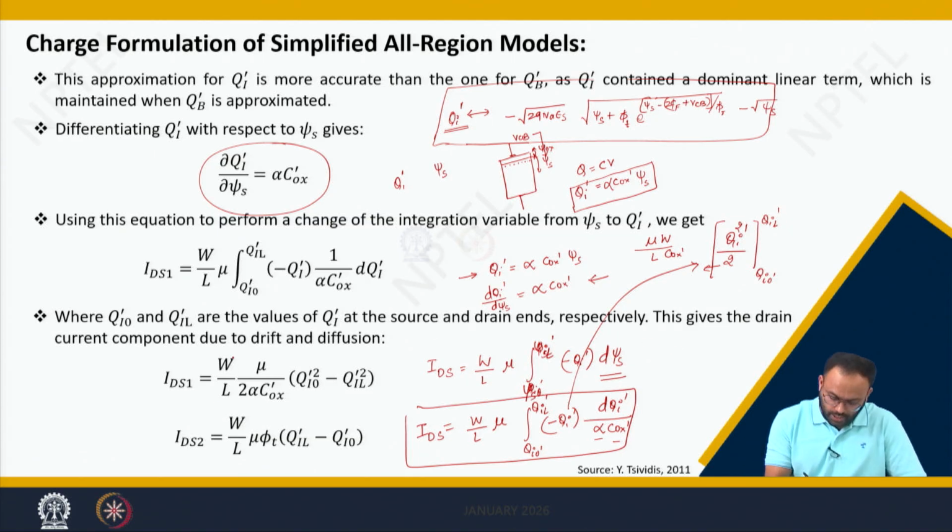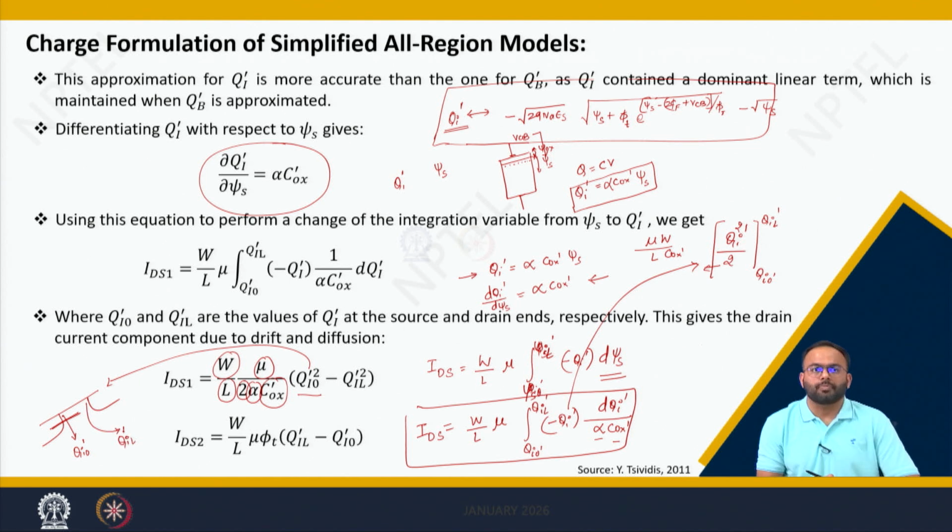So ultimately you will get W by L mu divided by 2 into alpha into Cox dash into Qi0 dash square minus Qi L dash square, where this is the inversion charge near the source channel junction, and this is the inversion charge near the channel drain junction.